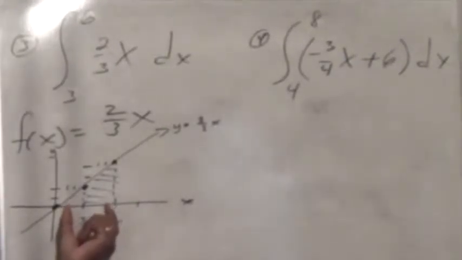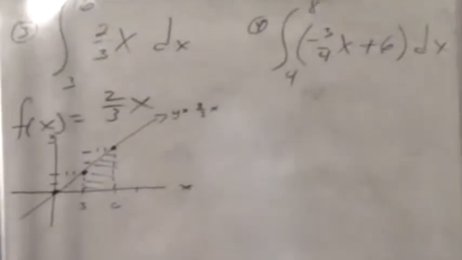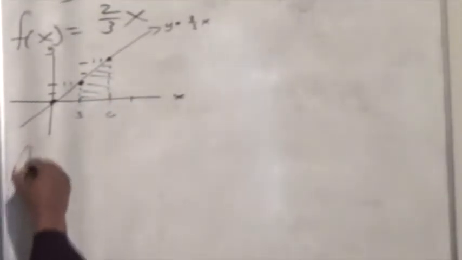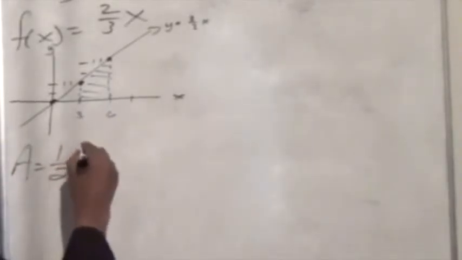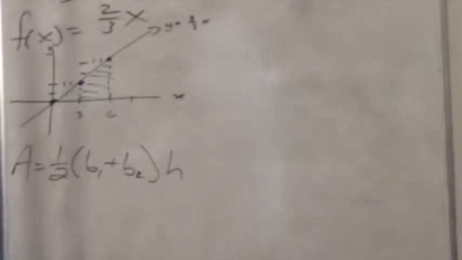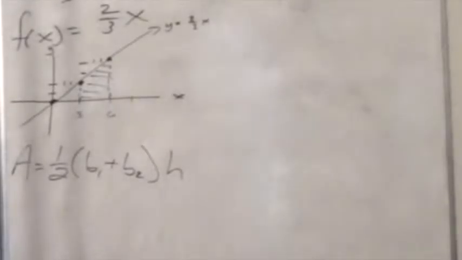And this shape that I just created here is a trapezoid. The area formula for a trapezoid is 1/2 times base 1 plus base 2 times the height. Now, typically the look of a trapezoid is this.